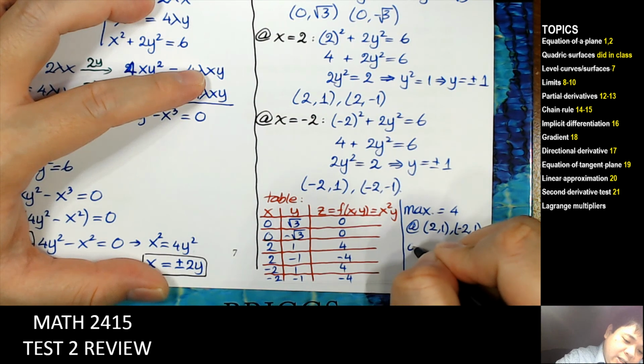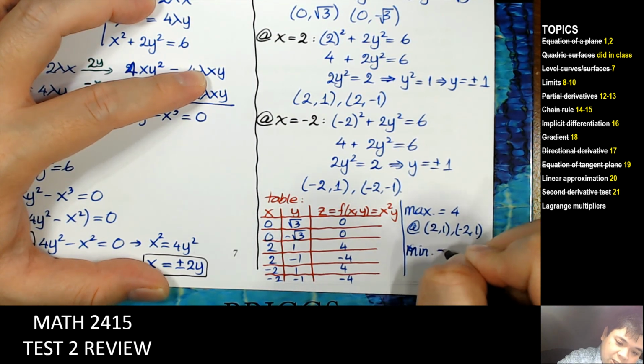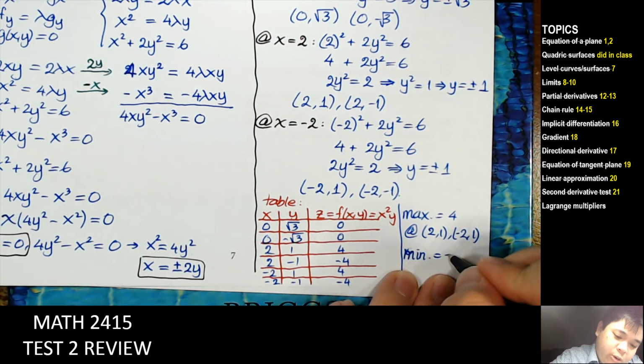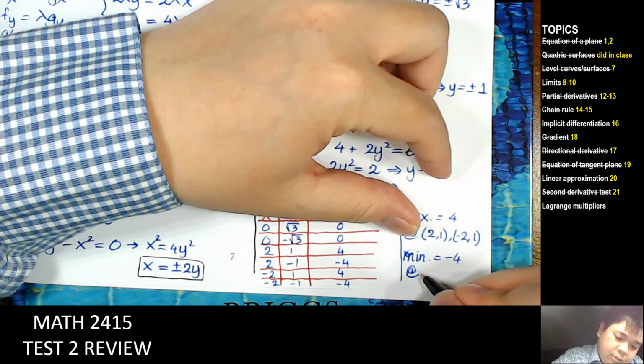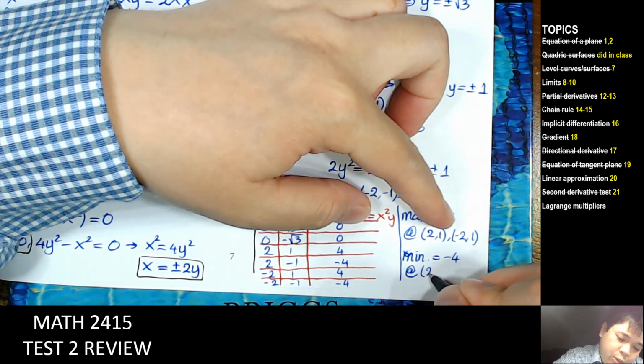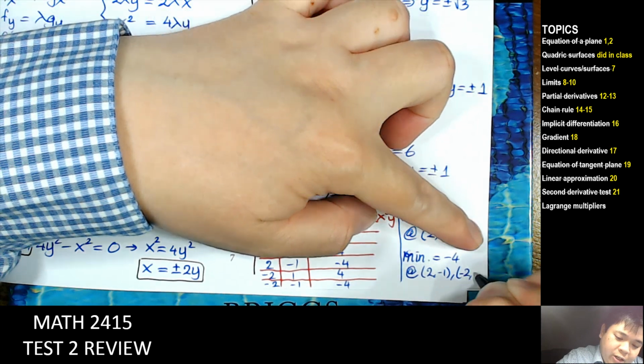And then the minimum equal to -4 at 2 and -1, and -2 and -1.